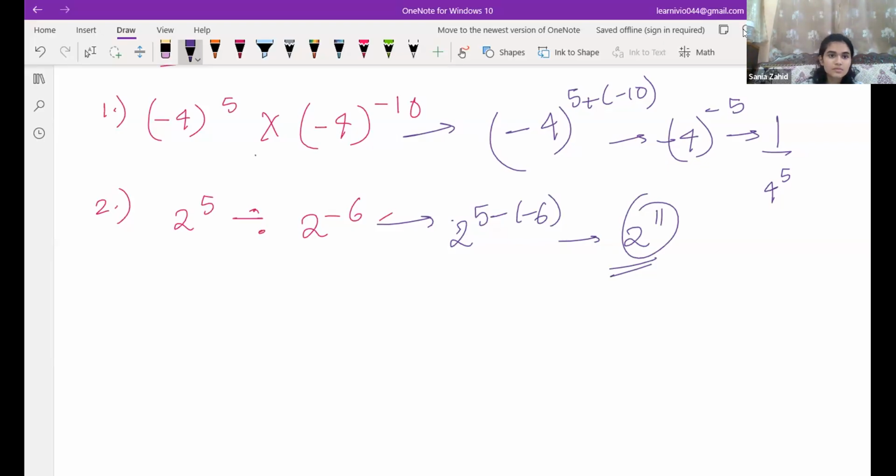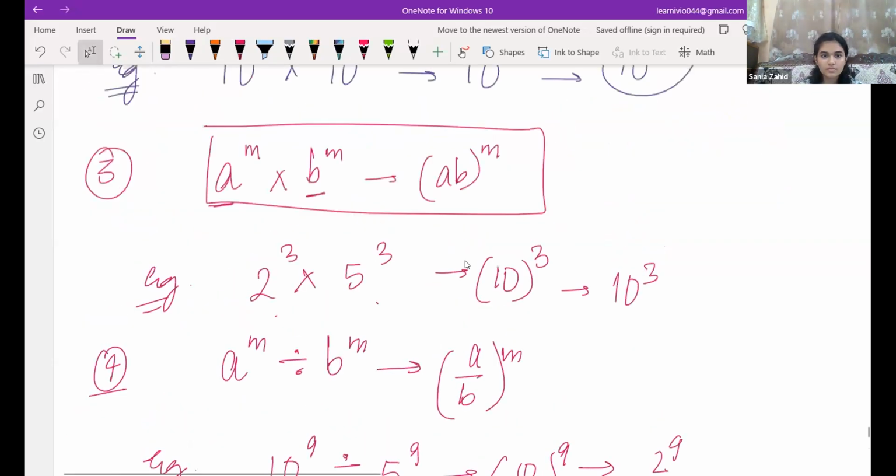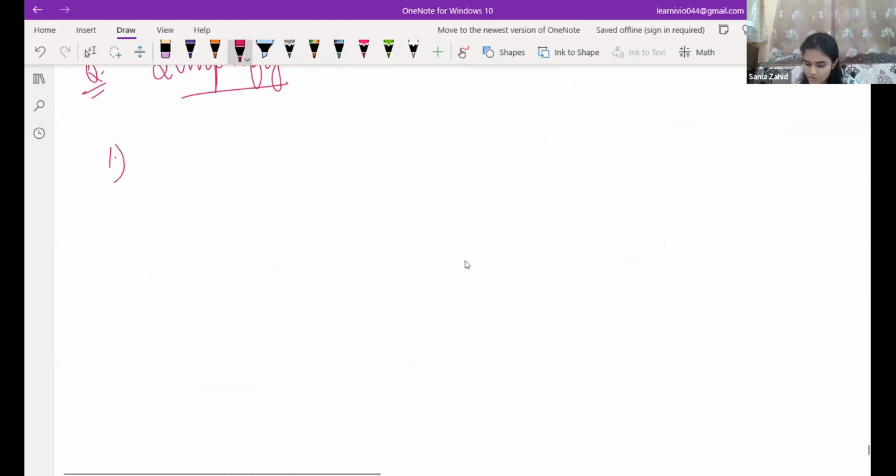Okay. Now, the next thing we have is simplify. The first one is minus 2 to the power 5 divided by 2 to the power 5 whole power, into 2 to the power minus 5.